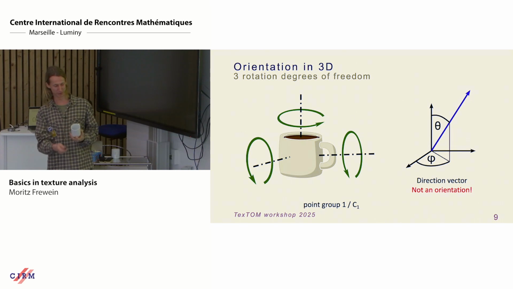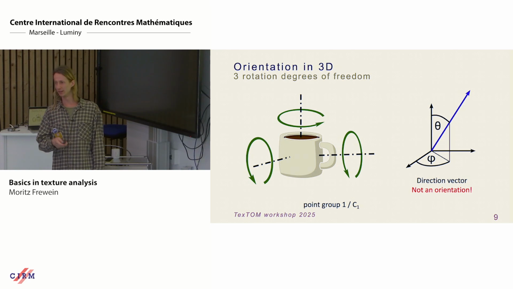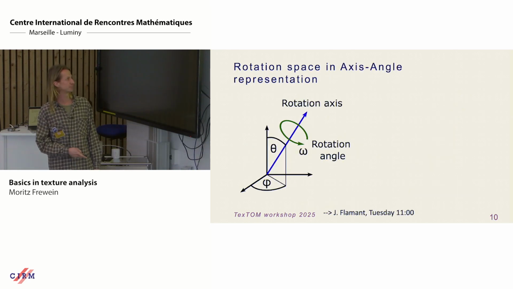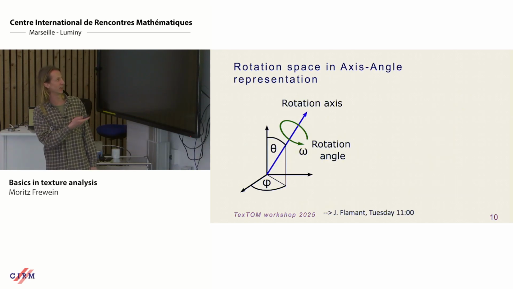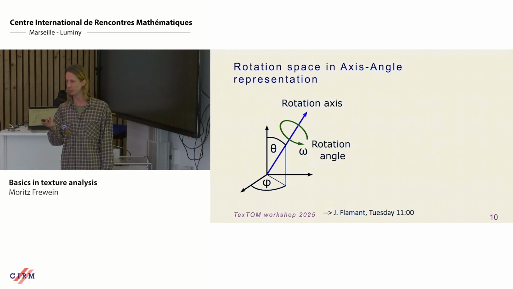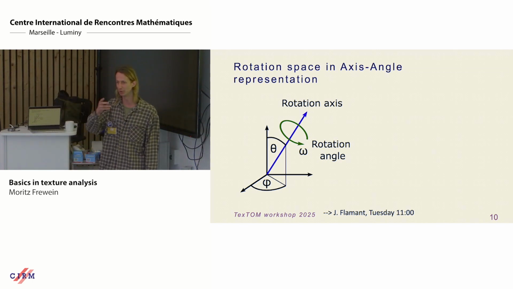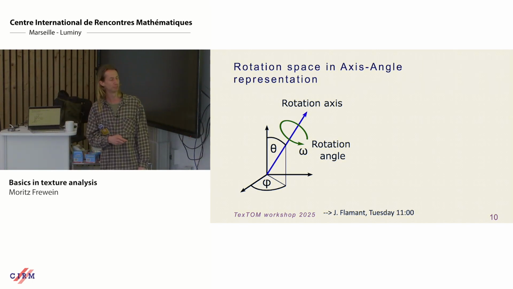So we need a third parameter to completely define orientation. And there are several ways to do this. One way is the axis angle rotation. There are different ways also to parameterize this. I will refer to Julien Flamand's talk tomorrow for this.